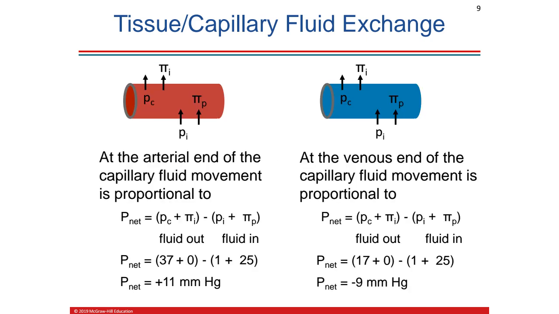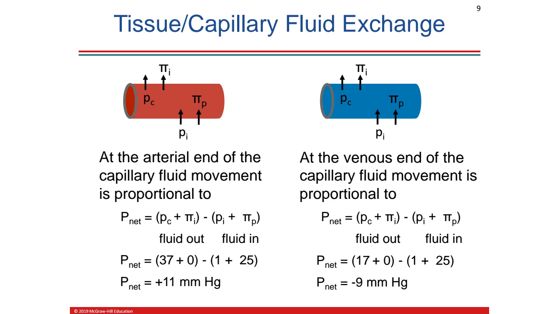We're now in a good position to calculate the net pressure at the arterial end of the capillary and at the venous end of the capillary, taking into account all the Starling forces that we just discussed. At the arteriolar end of the capillary, P sub net is positive 11 millimeters of mercury.